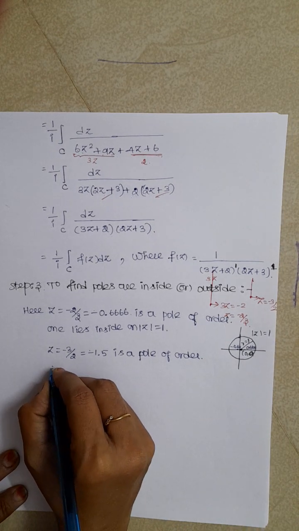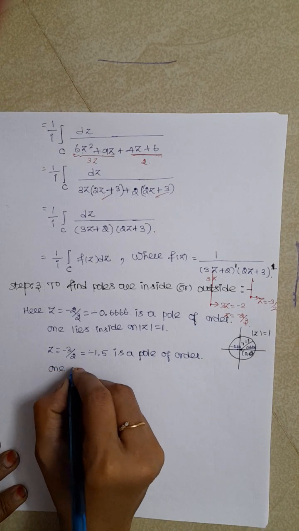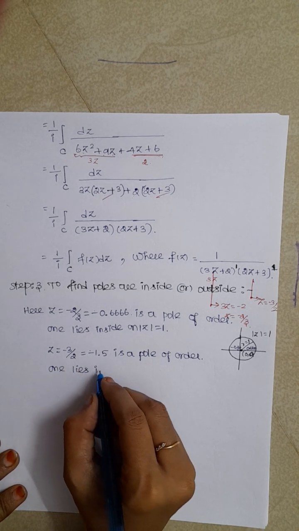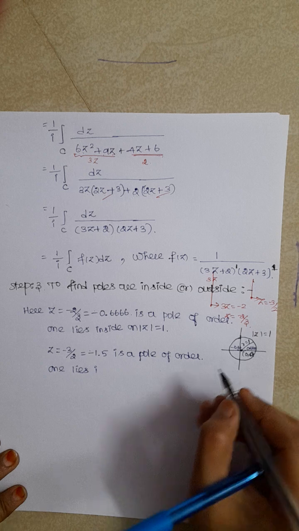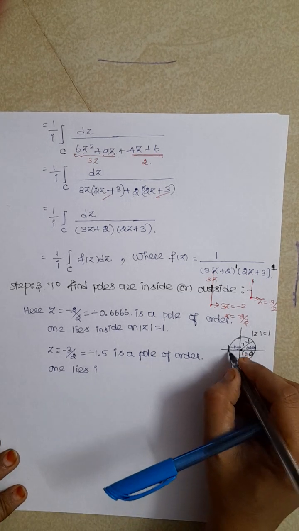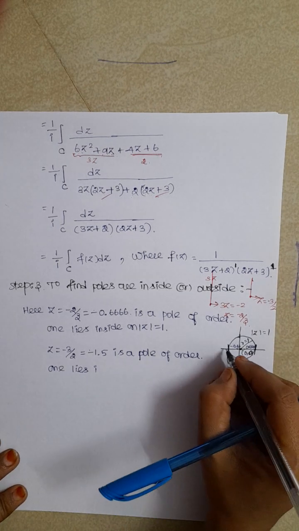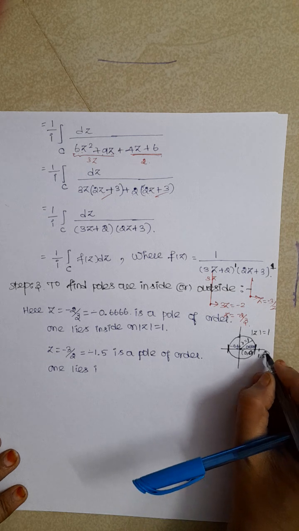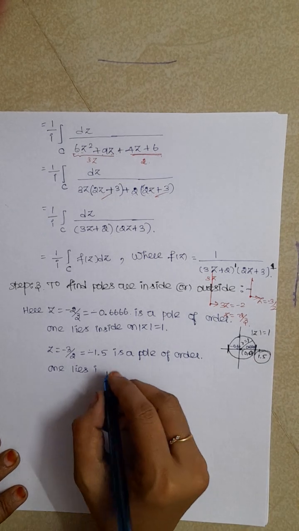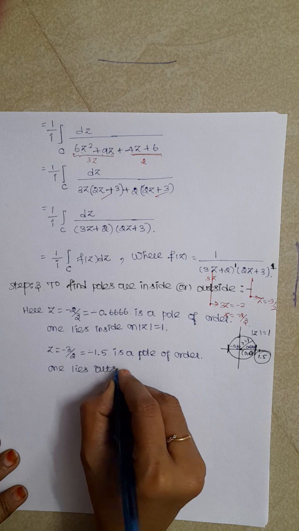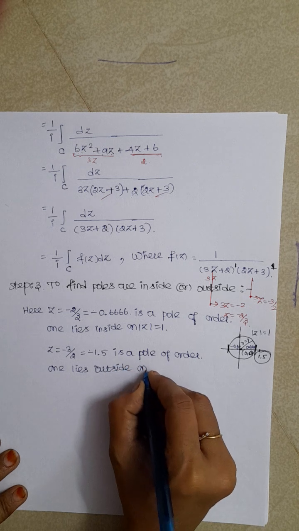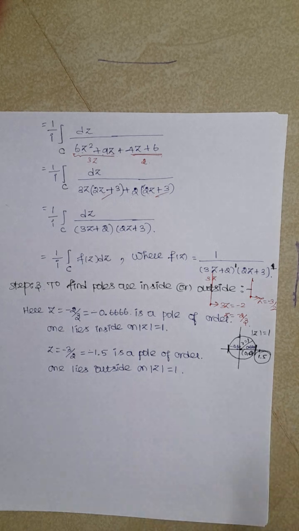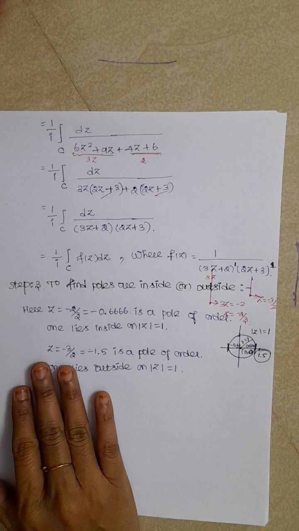Does it lie outside or inside? The radius is 1. Okay, so this value is 1.5, so it lies outside modulus of z equal to 1. Okay, step number 3 is over.